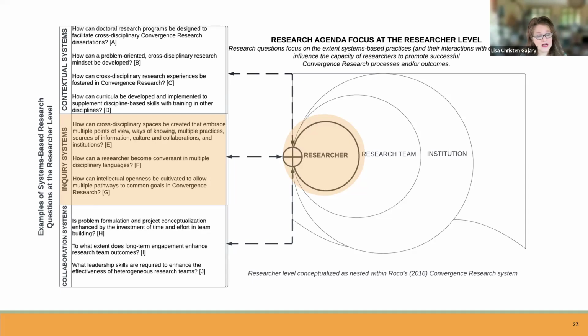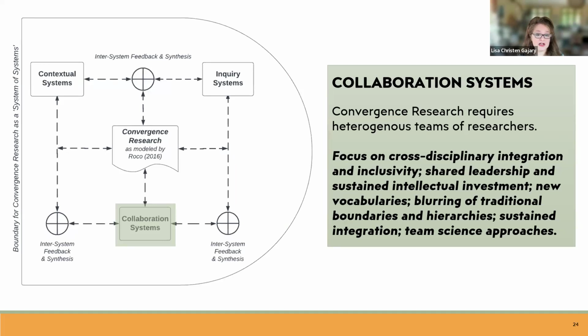And then for the next system, what we described as the collaboration systems, we know that there is diversity within teams of researchers that engage in convergence research, by definition within the foundational literature. And so the focus within this space is how we set the stage for success, the understandings that emerge from a broader literature. When you're talking about collaboration systems, you can focus on what it means to succeed at cross-disciplinary integration, and what it means to have inclusivity.